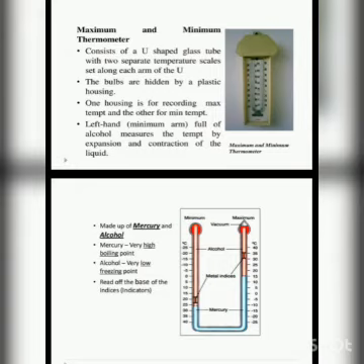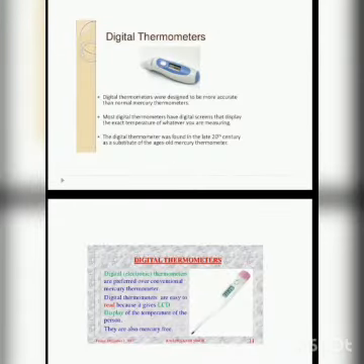Okay, so this is about the maximum and minimum thermometer, which measures the maximum and minimum temperature of the day. So what we have discussed today, I am concluding, is the digital thermometer and the maximum and minimum thermometers.